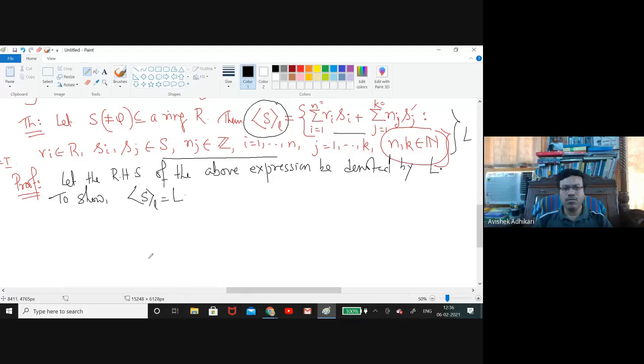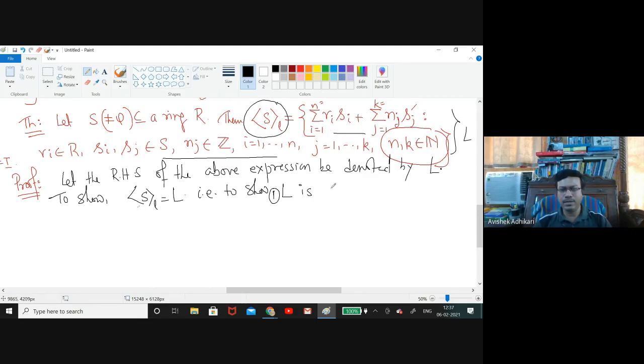Now just consider the definition here. This is the smallest left ideal containing S. So we need to show a few things.